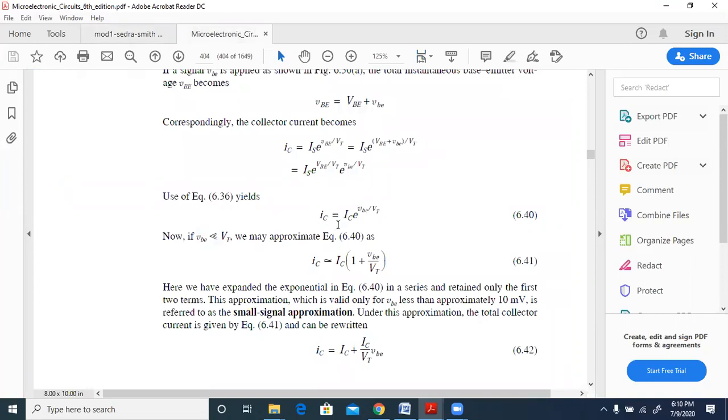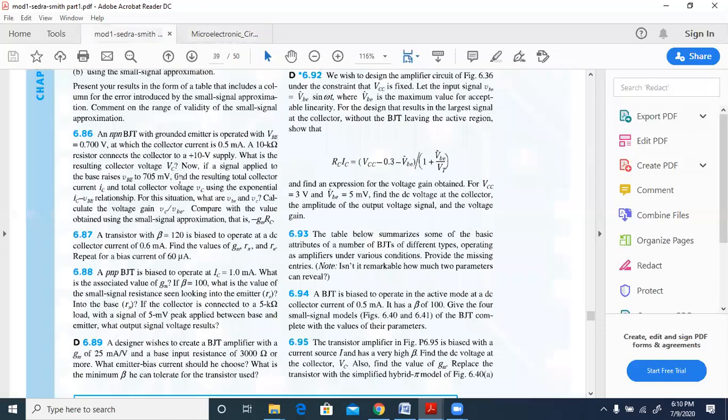Having found this IC, you can find the value of the VC. Small v capital C is again VCC minus this IC into RC. IC we have found from that equation, and then VC will be VCC minus this IC into RC.